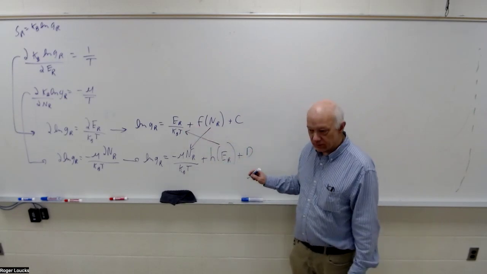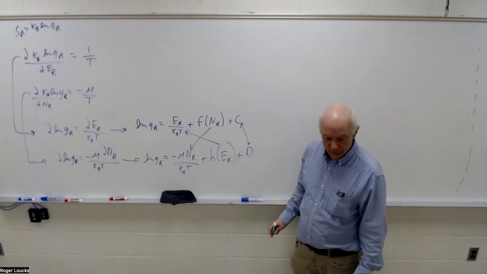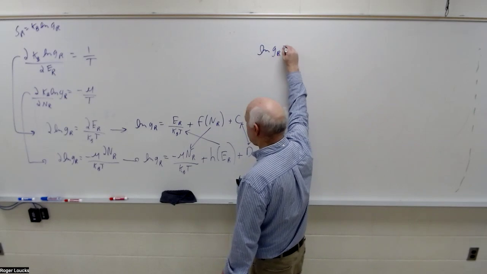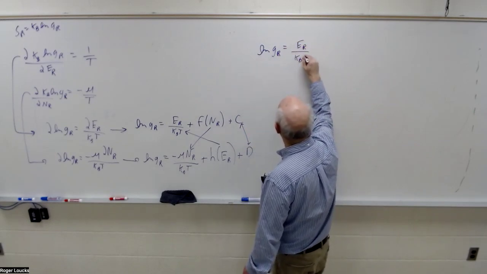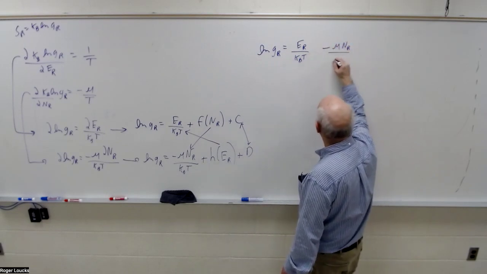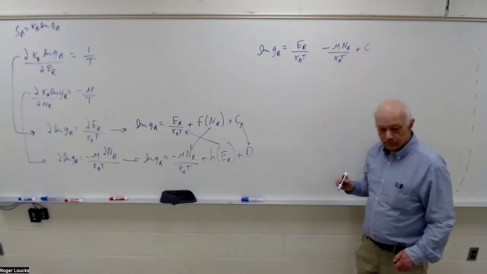And then my constants have to be the same as well. So what I have here is that the ln of gr equals ER over KBT minus mu NR over KBT plus some constant I'm just going to call C.